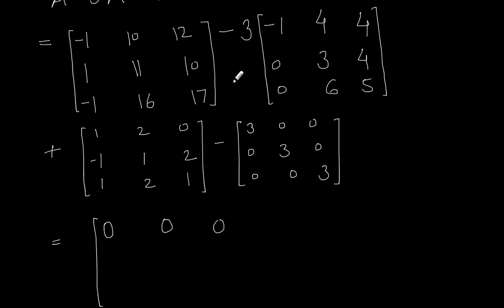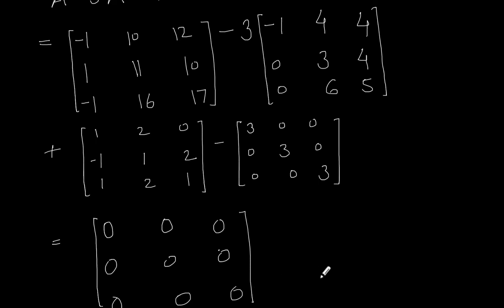Now 1 plus 3 minus 1, 0. Similarly, 11 minus 9 plus 1 plus 3, again 0. In this way you can check that each entry comes out to be 0. So we obtain a 0 matrix.